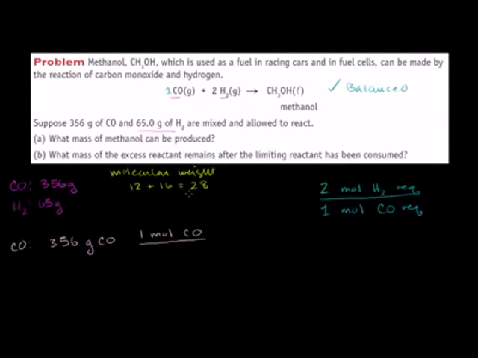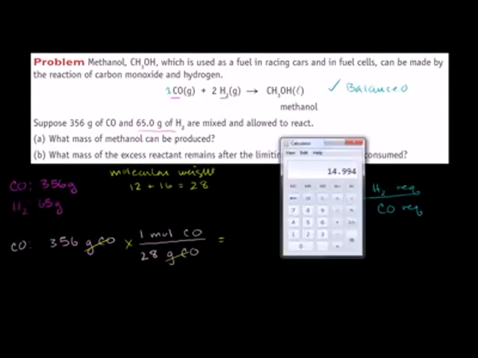Well, its molecular weight is 28, so if we have a mole of them, that 6.022 times 10 to the 23rd molecules of carbon monoxide, that's going to weigh 28 grams. So 1 mole per every 28 grams. And the reason I wanted to put the grams in the denominator is so it cancels out when we multiply. And so we are left with 356 times 1 divided by 28 moles of carbon monoxide.